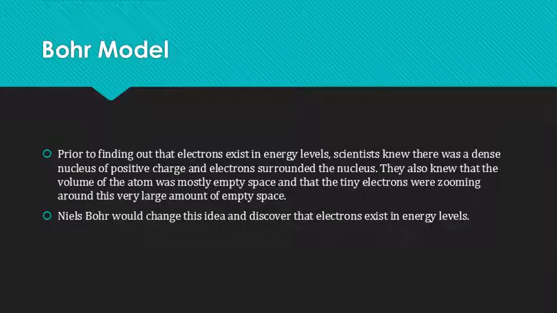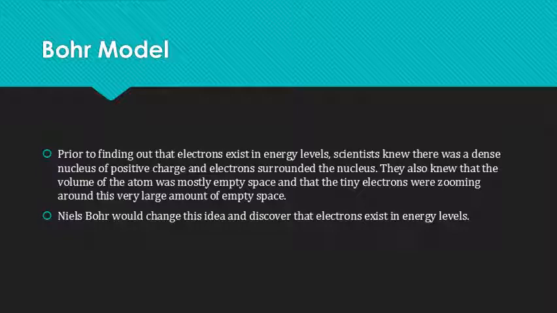We're going to start off with our Bohr model. Prior to finding out that electrons exist in energy levels, which we now know to be true, scientists knew there was a dense nucleus of positive charge, where protons and neutrons are, and that the electrons surrounded the nucleus.